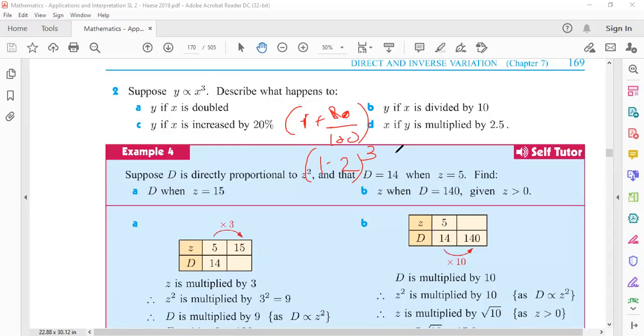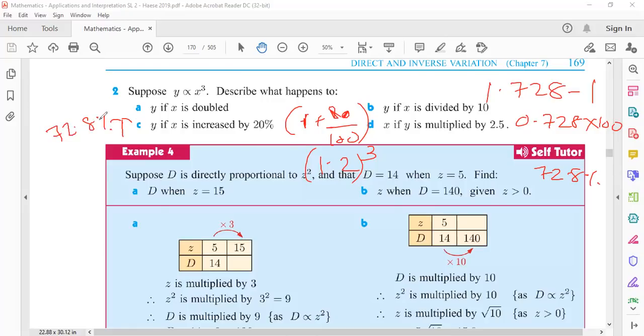No, what is 1.2 cube in decimal? 1.728. Okay. So if I minus 1, because that is 100%, it's 0.728 into 100, so I'll get 72.8%. So if x is increased by 20%, y will increase by 72.8%. Fine.